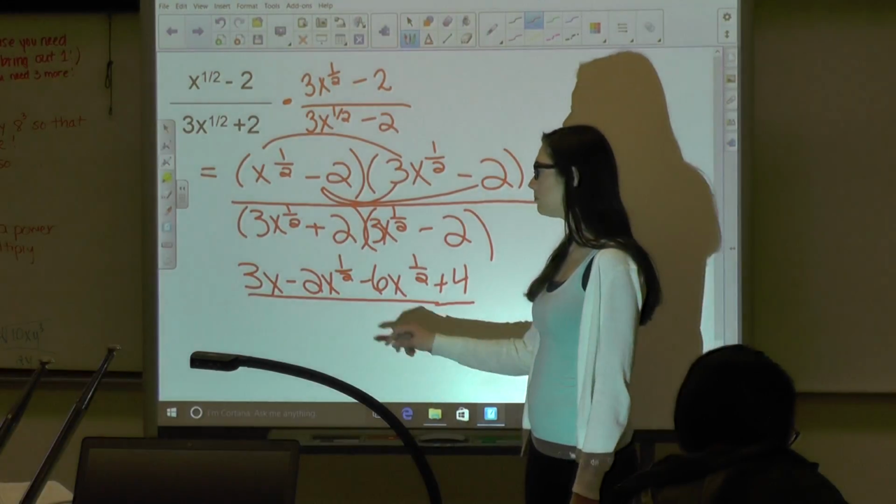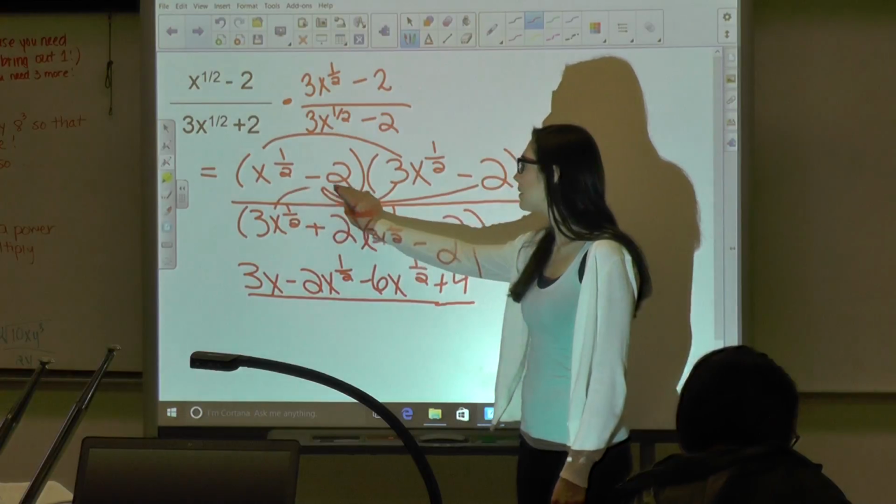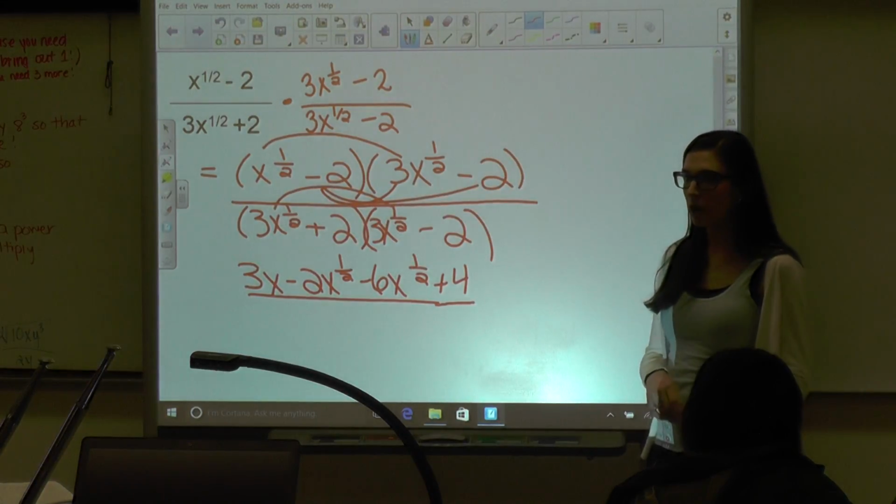On the bottom, you have 3x to the power 1/2 times 3x to the power 1/2.